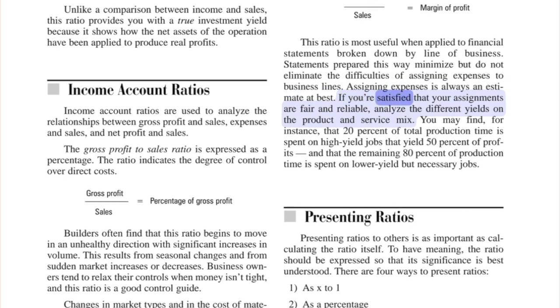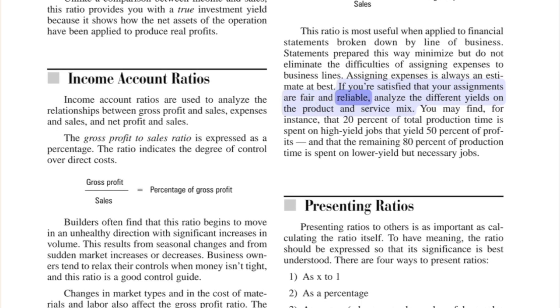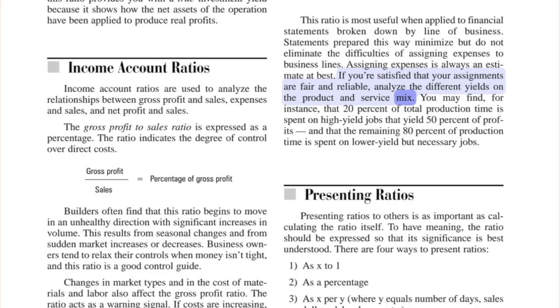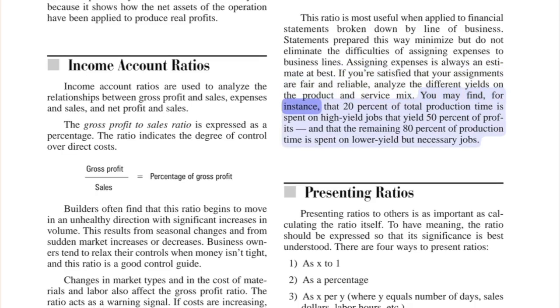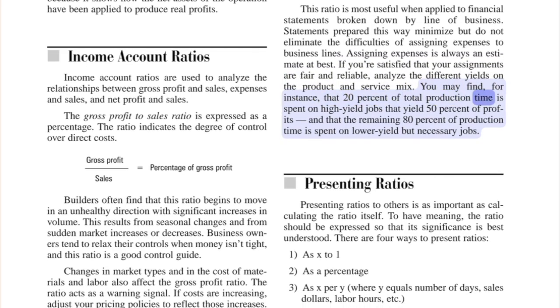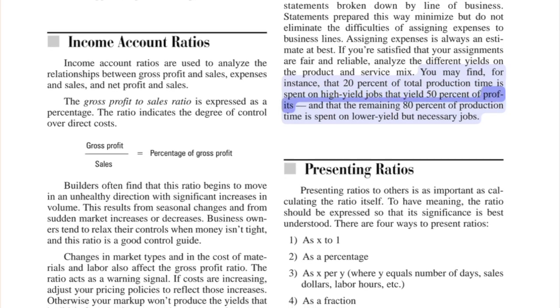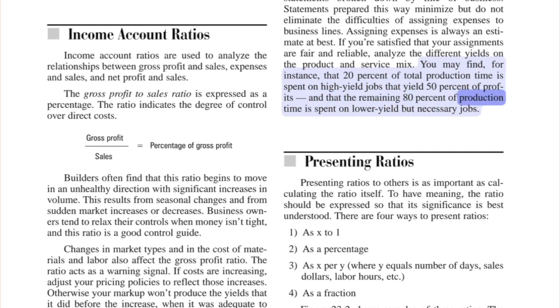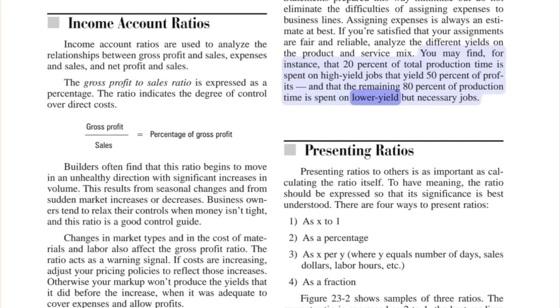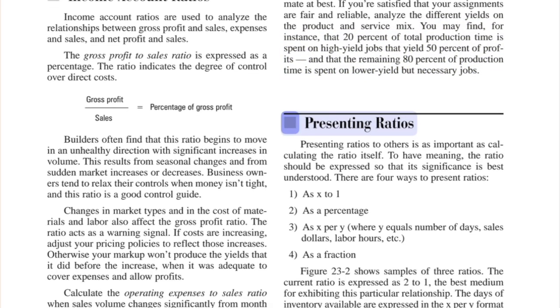If you're satisfied that your assignments are fair and reliable, analyze the different yields on the product and service mix. You may find, for instance, that 20% of total production time is spent on high-yield jobs that yield 50% of profits, and that the remaining 80% of production time is spent on lower yield but necessary jobs.